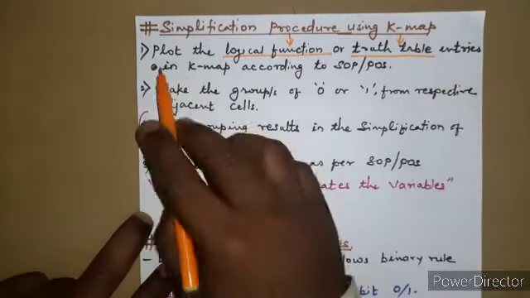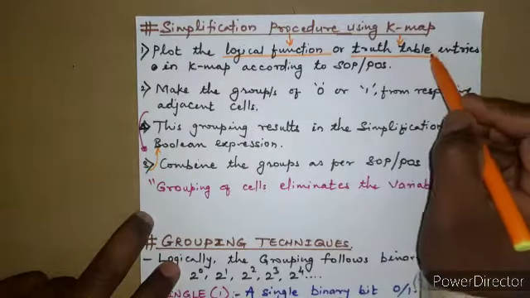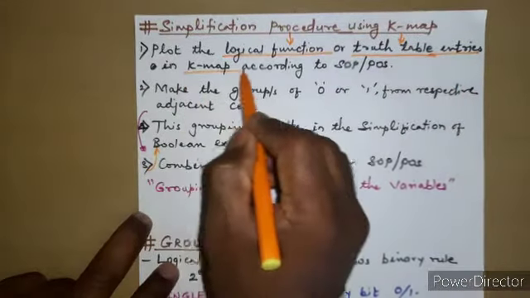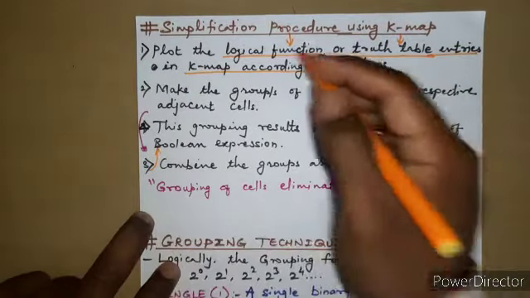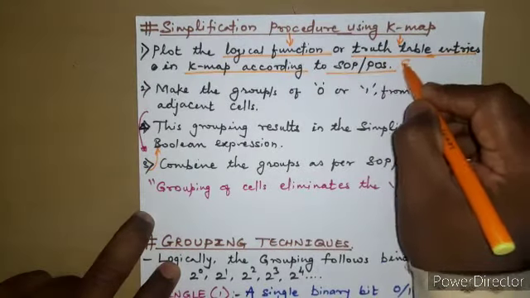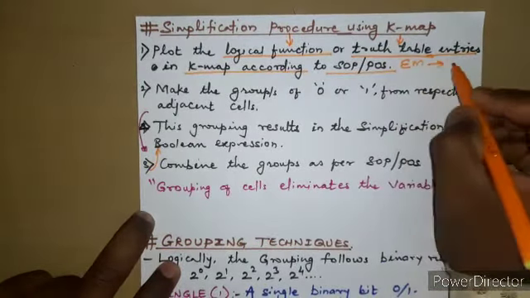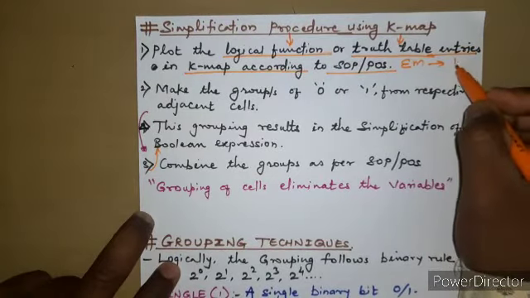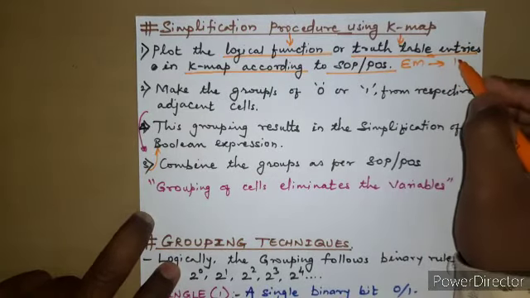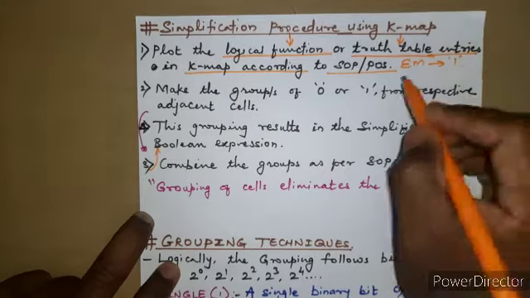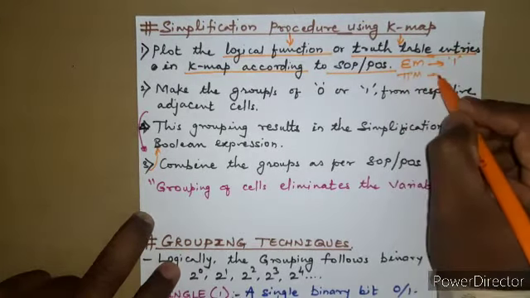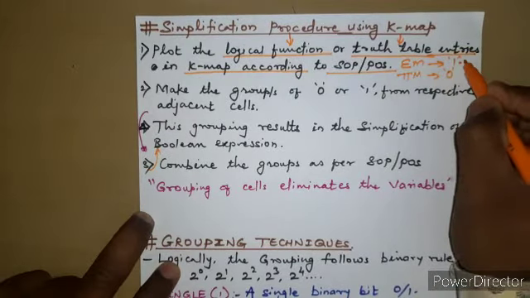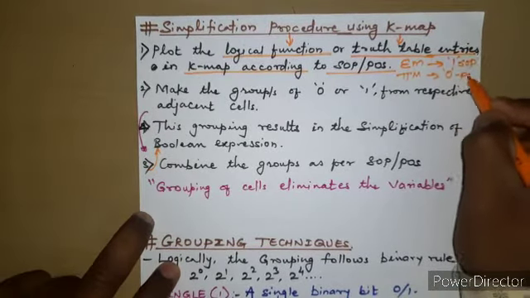Plot the entries in the K-map according to SOP or POS. For a logical function, if we have summation of m, then all the entries are considered as 1, and if it is pi m, then it is 0. So this is SOP and this is POS.